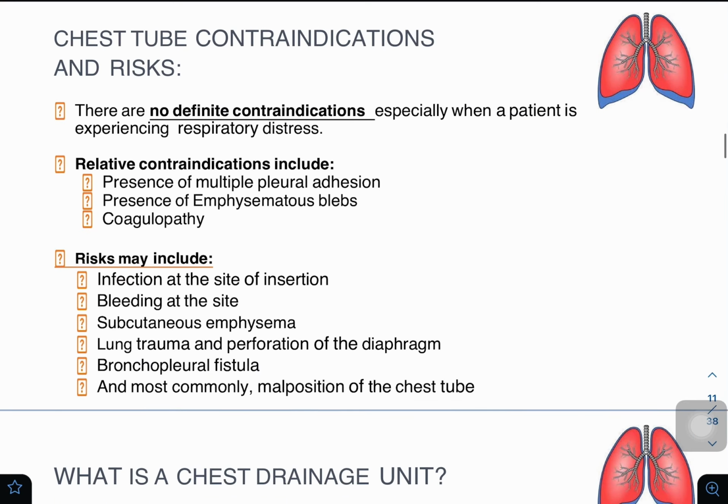What are the contraindications for putting the chest drain? So there are no definite contraindications, but if there is presence of multiple pleural adhesions, presence of any emphysematous bullae, or coagulopathy, like INR greater than 1.5 or platelet count less than 50,000, then we need to see how urgent it is to put a chest drain.